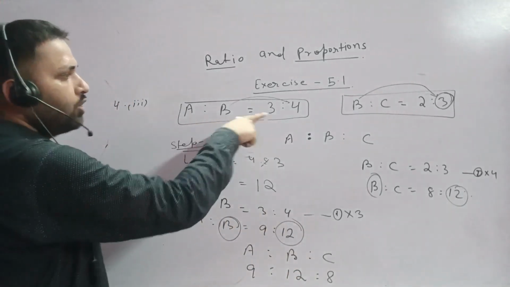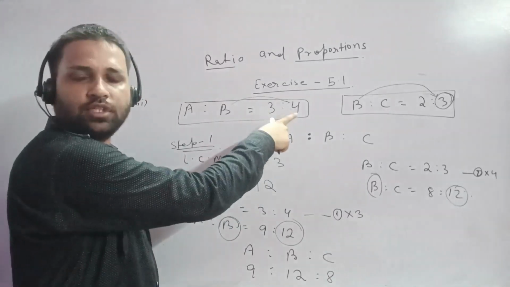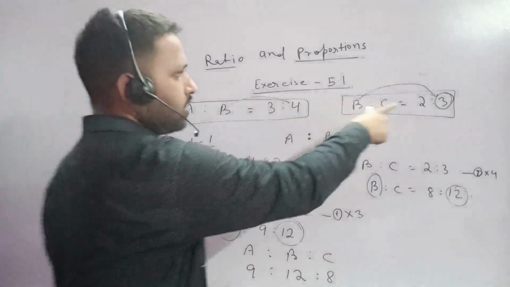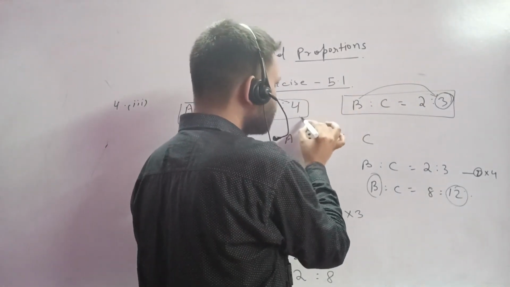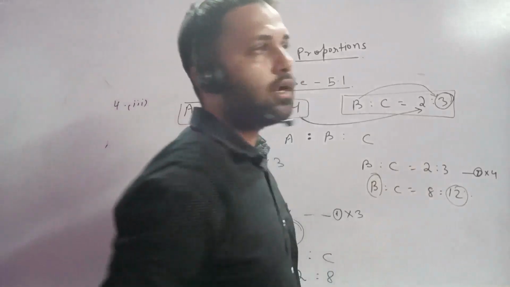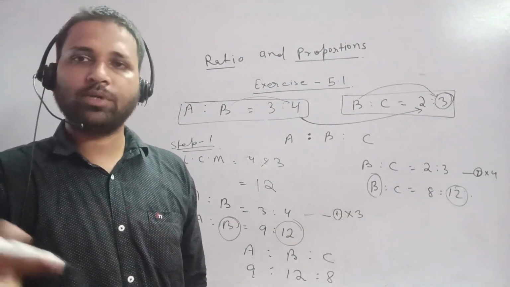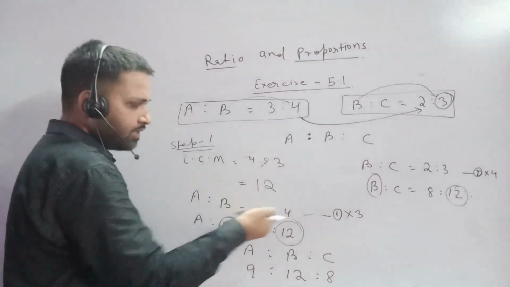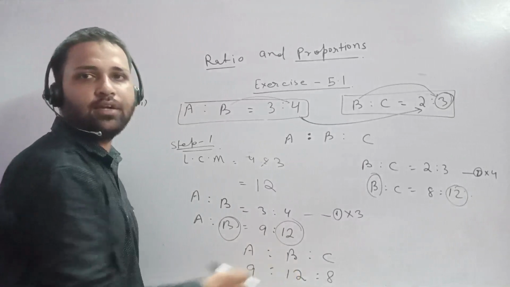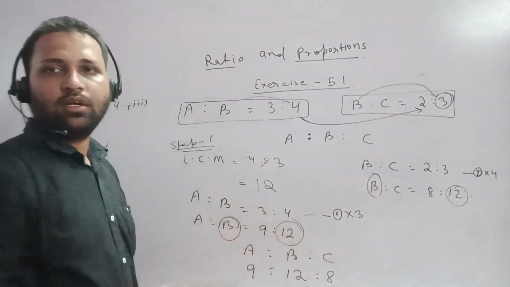Without converting, you can't say this, because the first person's income is 3 and the second person's income is 4, and the second person's income in the other ratio is 2. If you convert like this, then you can say what the ratio of the first, second and third person is.